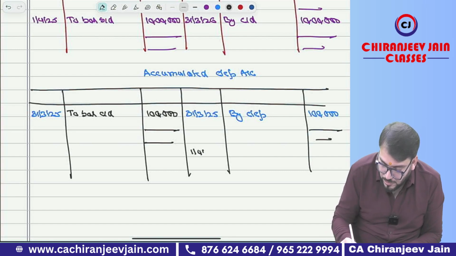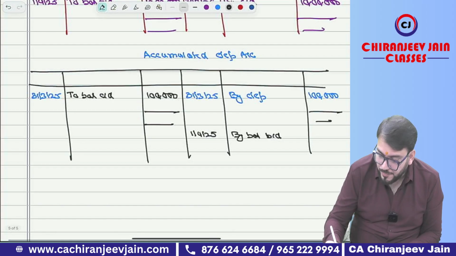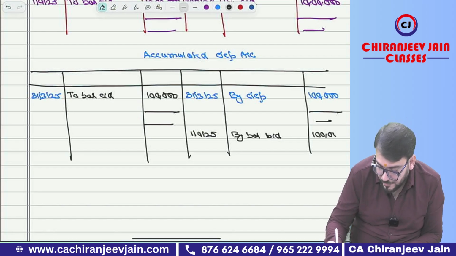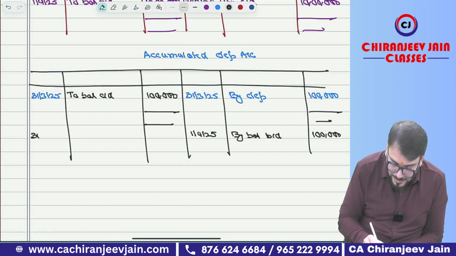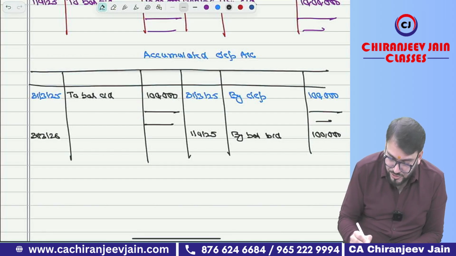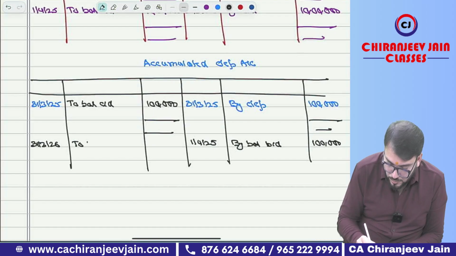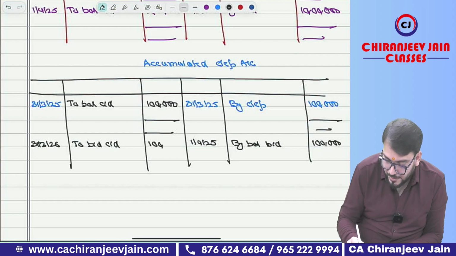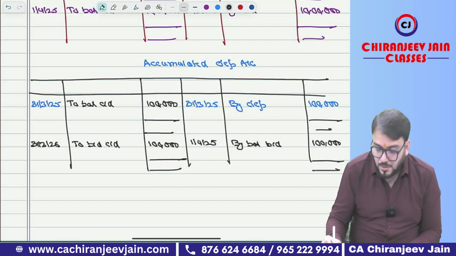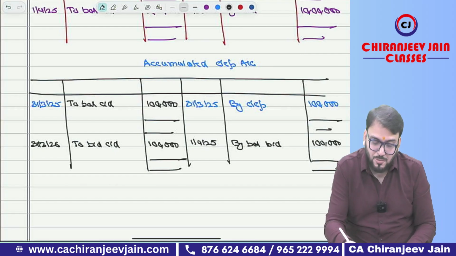And then 1/4/2025, by balance brought down 1 lakh, and this will be 31st March 2026 to balance carried down 1 lakh. Understood? Are you able to understand?